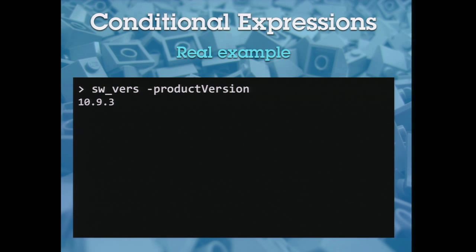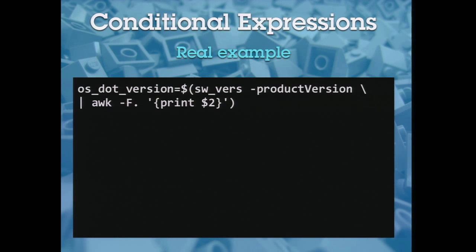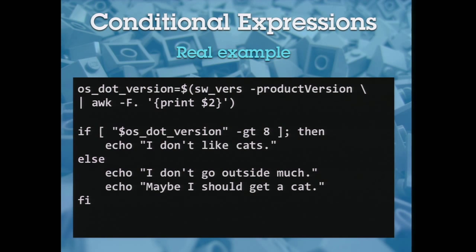There are no spaces here, so we want to define the period as the field separator. Pull out the second one. That's pretty simple, right? Everyone got that? So if I ran this code here on a machine running 10.8, which of these blocks would it do?